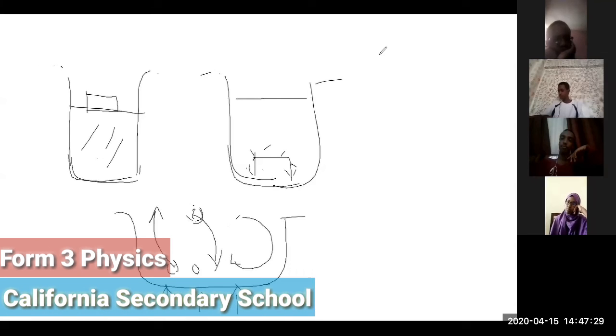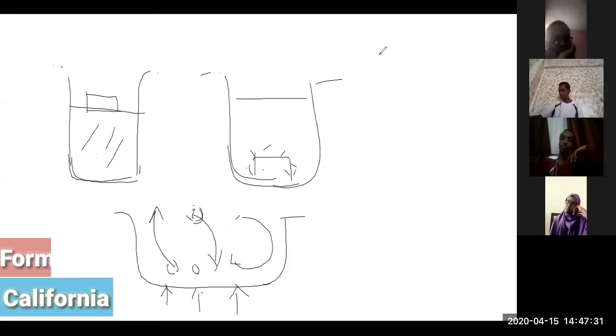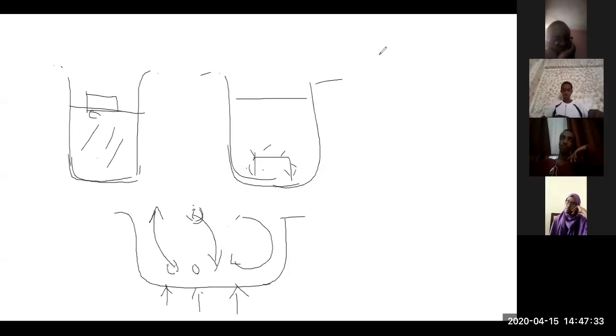Now, if you look at these 2 diagrams, in this one the water at this point is going to be heated, and in this one the water molecules at the lower point are going to be heated. When these molecules get heated, they become less dense. For case A, the less dense ones are on the top, so they can't come to the bottom. They'll just remain on the top.